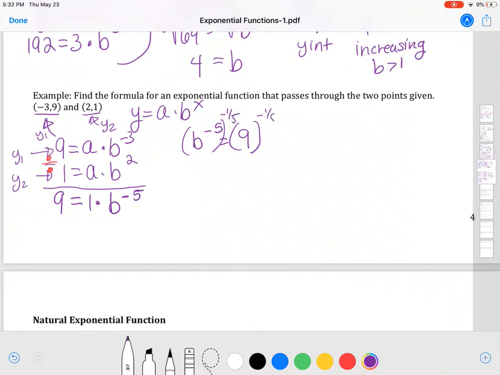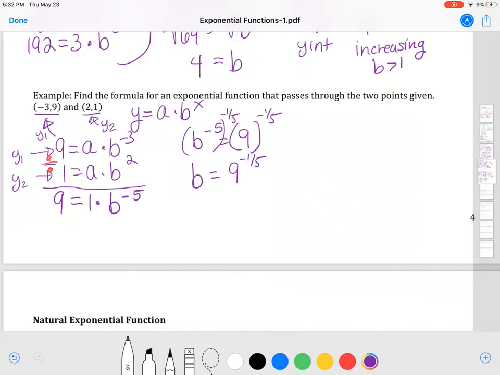You want to raise it to the reciprocal so that you can get rid of that exponent. When you raise a power to a power, you multiply your exponents. So if I take negative 5 times negative 1/5, that's going to give me b to the first. And then I have 9 to the negative 1/5.